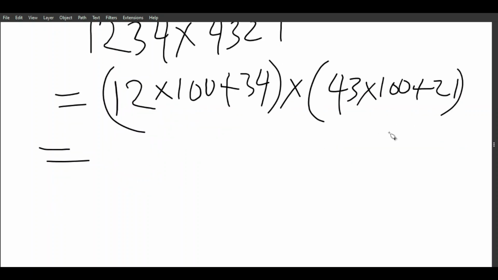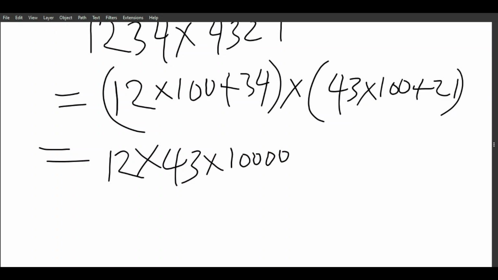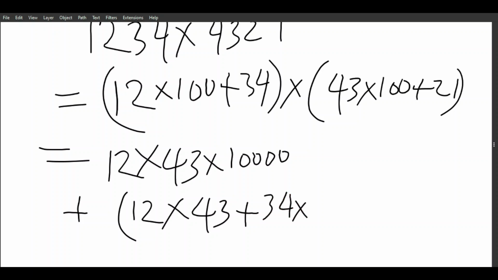Just apply the distributive law, we get 12 multiplied by 43 multiplied by this much, plus 12 multiplied by 21, plus 34 multiplied by 43, 12 is multiplied by 21.